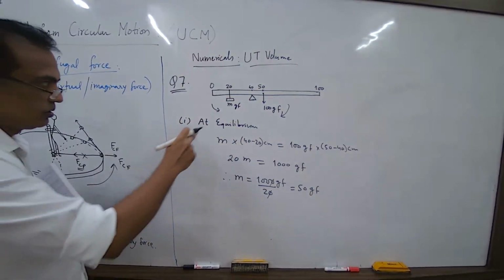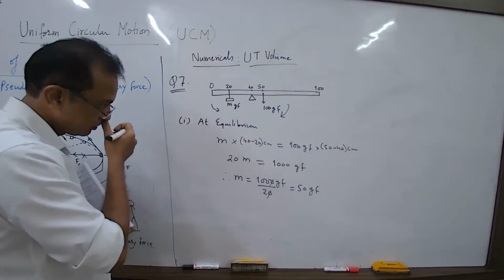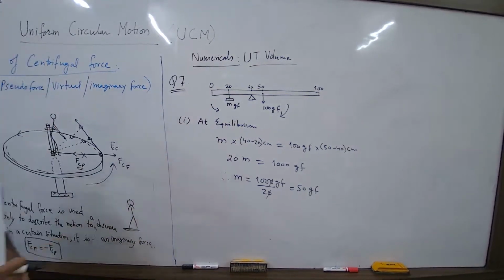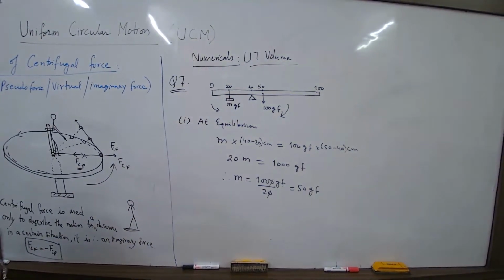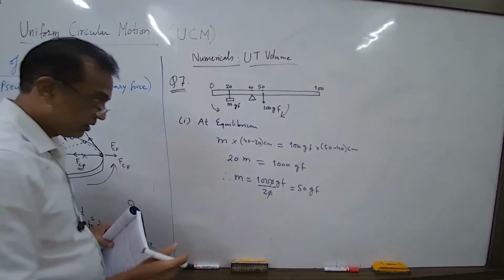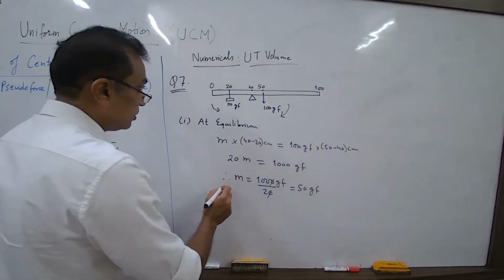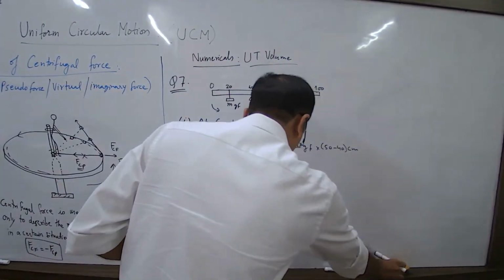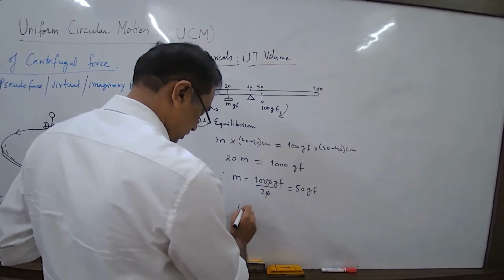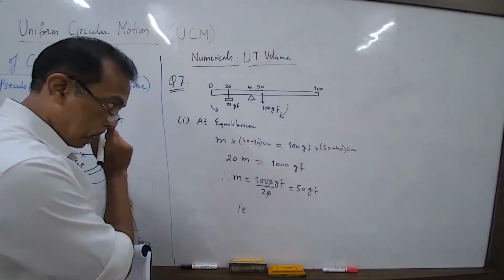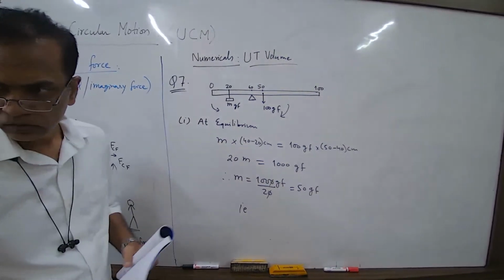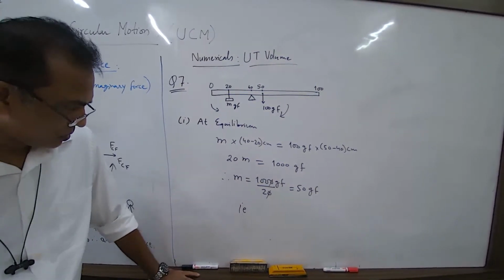So we have to hang a mass of 50 grams at 20 centimeters. So the mass will be 50 grams. So 100 gram force into 10, divided by 20.